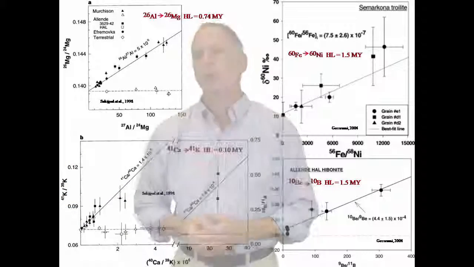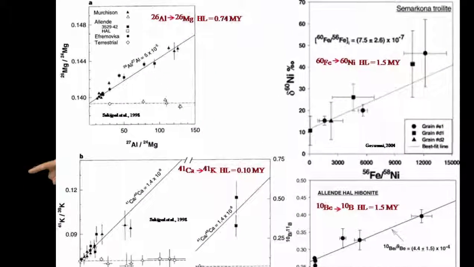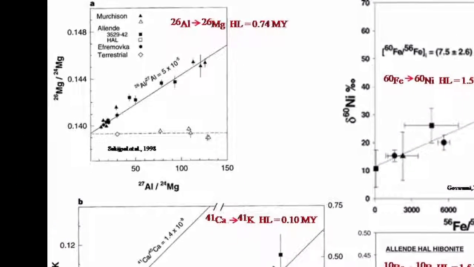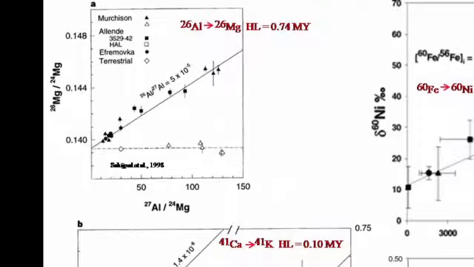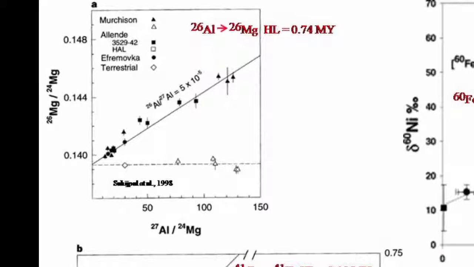Let's talk about aluminum-26 as an example. Aluminum-26 decays to magnesium-26. You can see it up there in the left-hand corner. And it has a half-life of about 740,000 years. That's not very long when you're talking about a solar system that's 4.5 billion years old.